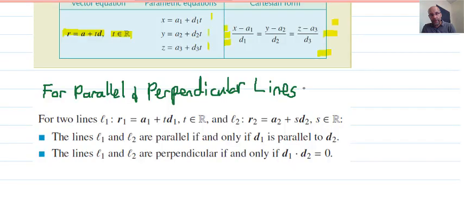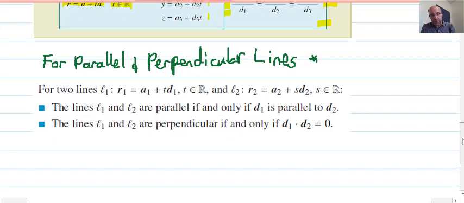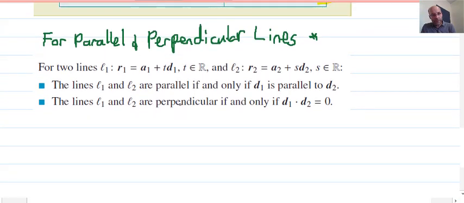Now for parallel and perpendicular lines, we don't throw it all out. We actually use all of the stuff we know, but we have a couple of things to remember as well. If we have 2 lines, L1 and L2, and L1 is given by the vector valued function R1, which is A1 plus tD1, and L2 is R2 equals A2 plus sD2, where s is another real number.